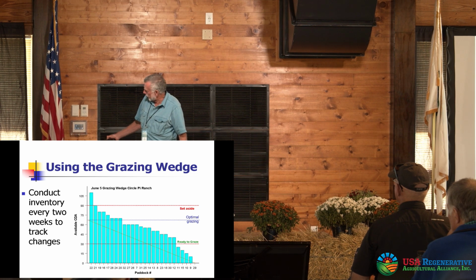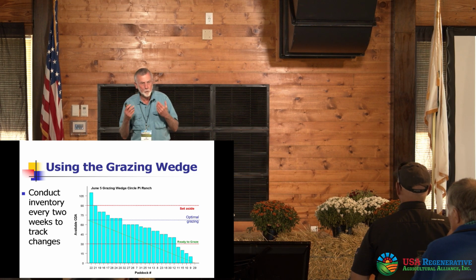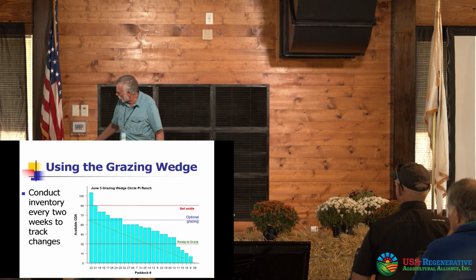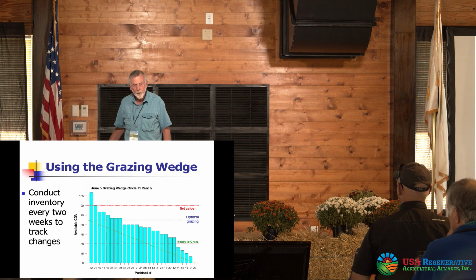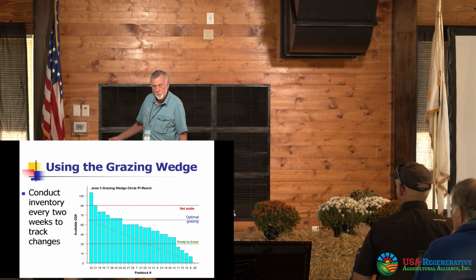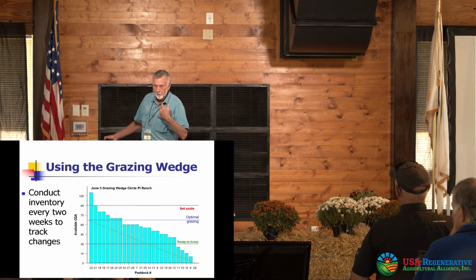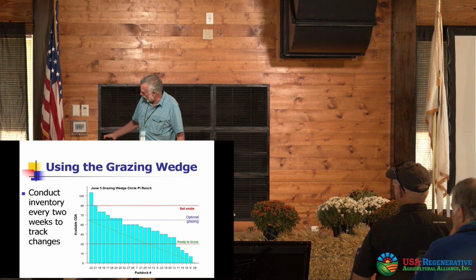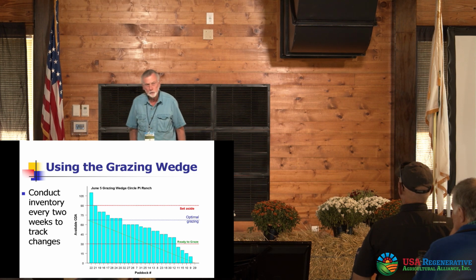The recovery line in a perfect grazing wedge, each one of these bars is going to be hitting approximately at that recovery line. And then what you're striving to do is go into the pasture when it is high phase 2, and that's when you want to start grazing the pastures.